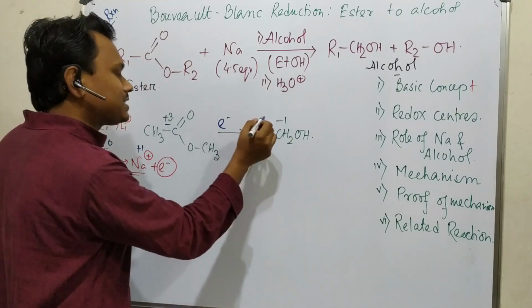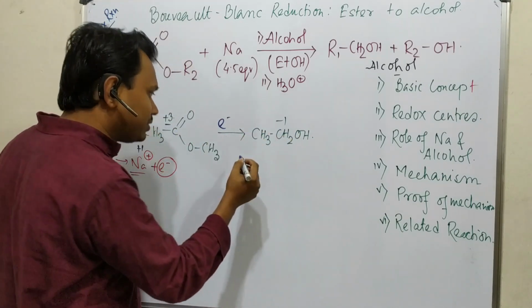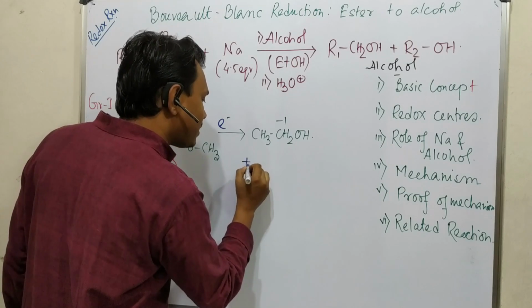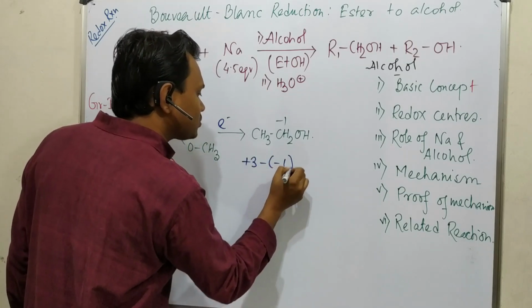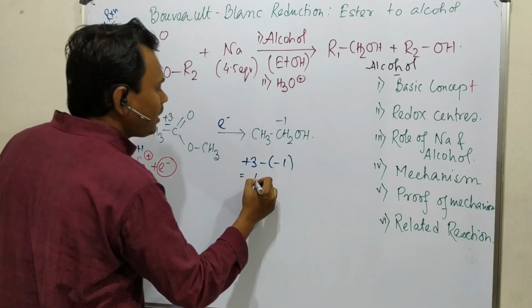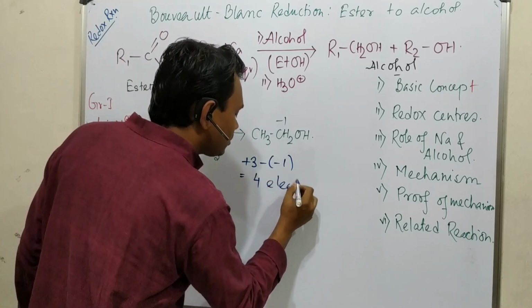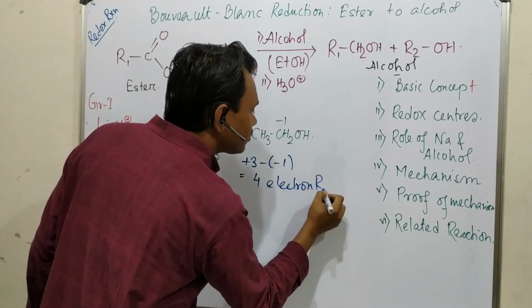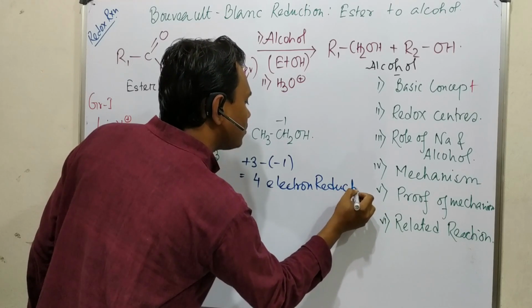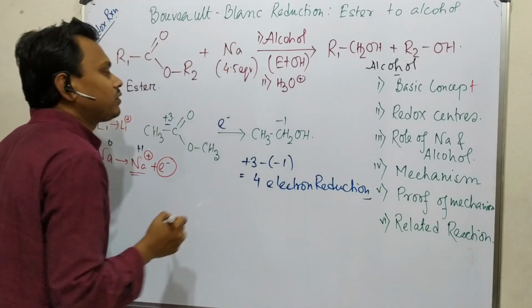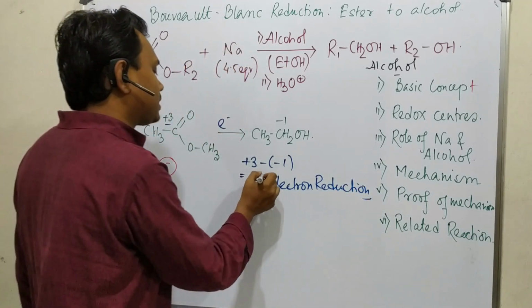So the change in oxidation number is plus 3 minus (-1), so it is a 4 electron reduction process. Four electrons are needed to perform this reduction.